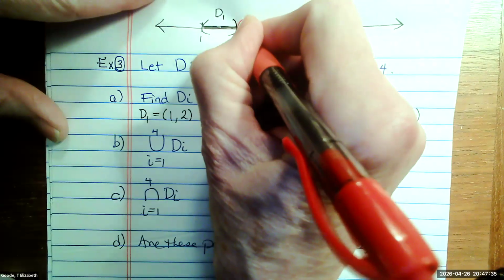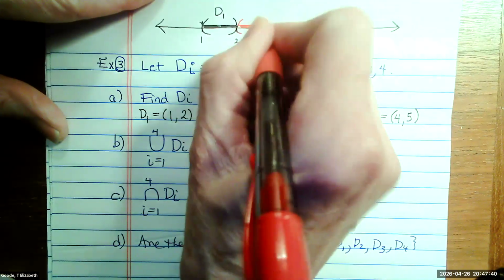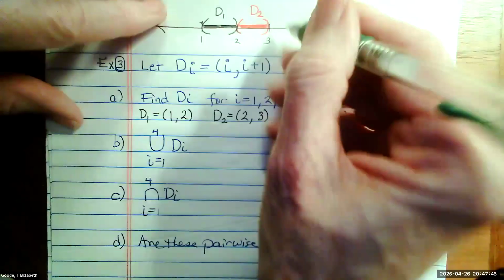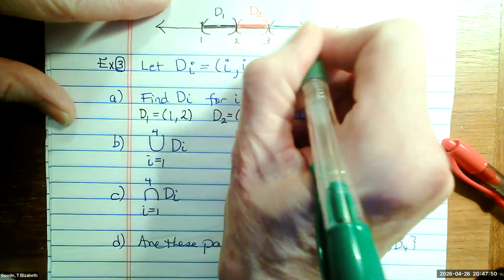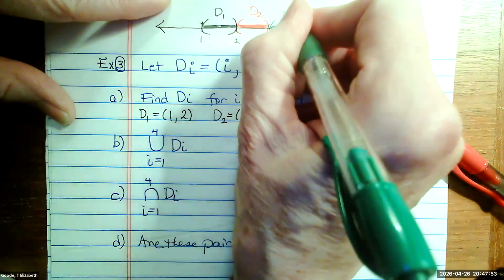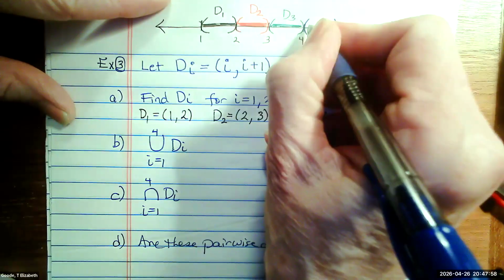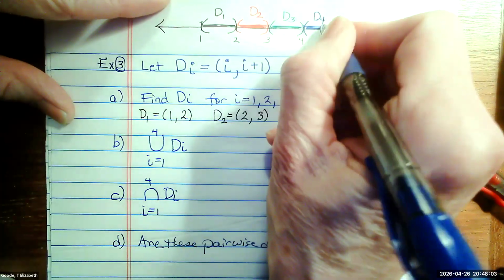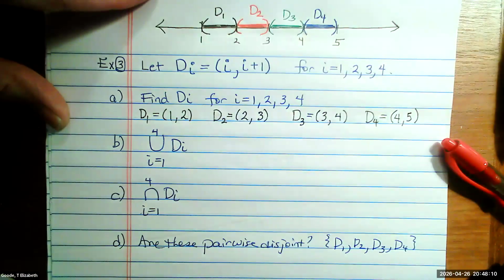D2 does not include the 2, does not include the 3, but everything in between. I should have started it at 0, but that's okay. It doesn't really matter. You still get the point here. All right, does that look like a decent picture? Yeah. And if we were drawing in high school, there would be open holes here, right? Those are all open holes.